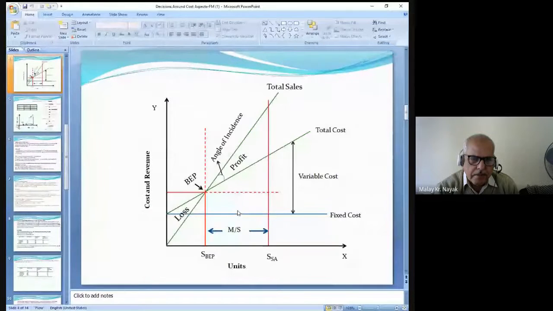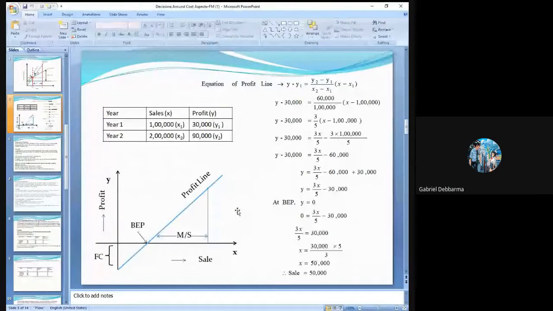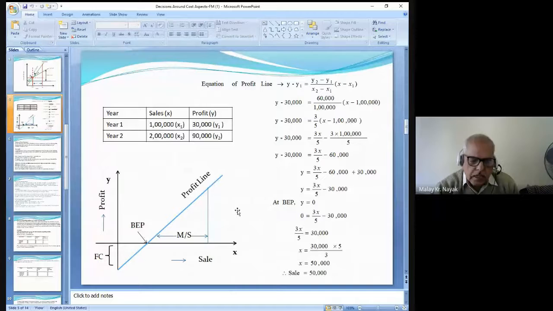Then you see one thing. You observe. Do you see it? Yes, sir. No, for this sum, for the earlier sum. For the earlier sum, what is margin of safety?